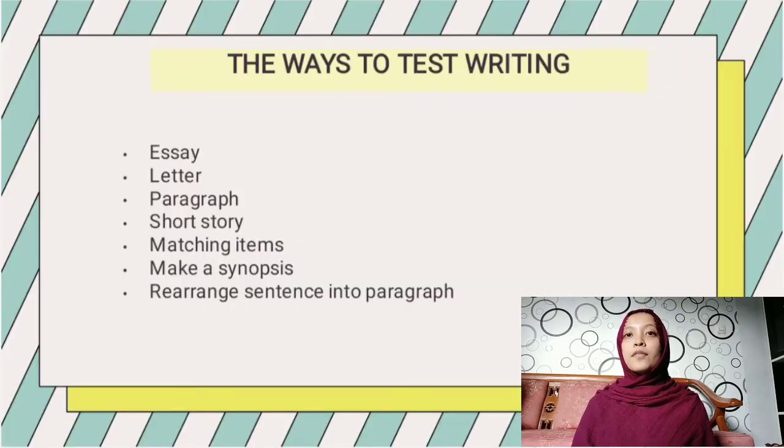Next is about the ways to test writing. There are many ways to test writing. For the first, there are essay, letter, paragraph, short story, matching items, making a synopsis, and rearranging sentences into a paragraph.